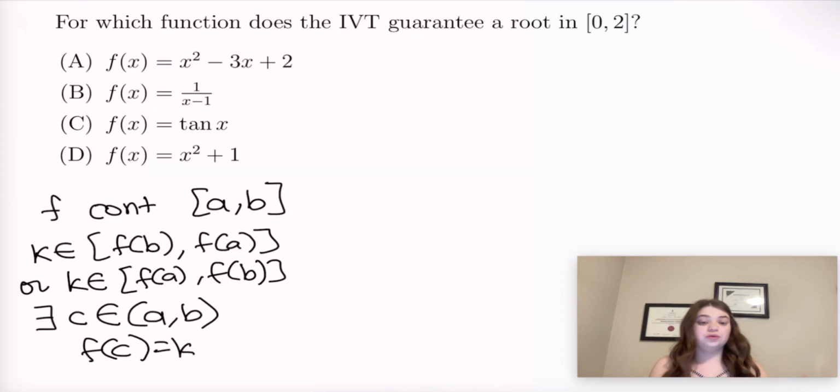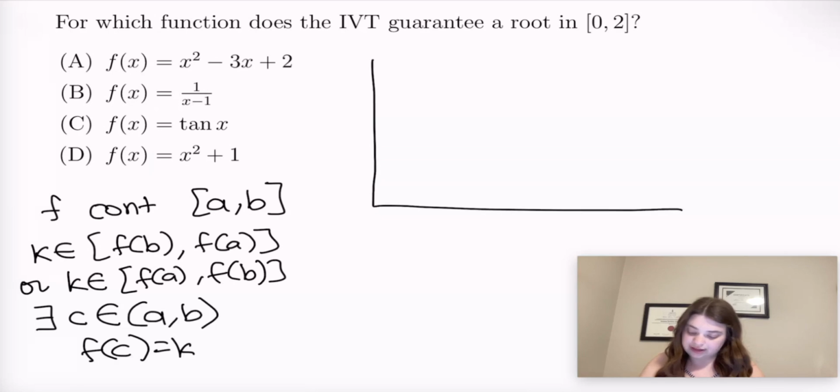Now let's also visualize this, because this may seem like a wall of text, really complicated and confusing potentially, but actually I think if we draw a picture, it's showing something that isn't too challenging to understand, which is good news. All right, so for instance, I'm going to draw something. Let's say here we have A and here we have B. So here's my interval, and let's say maybe it's decreasing.